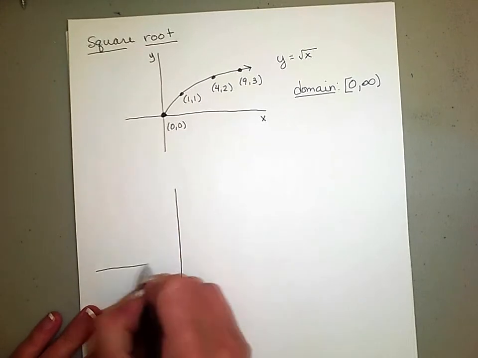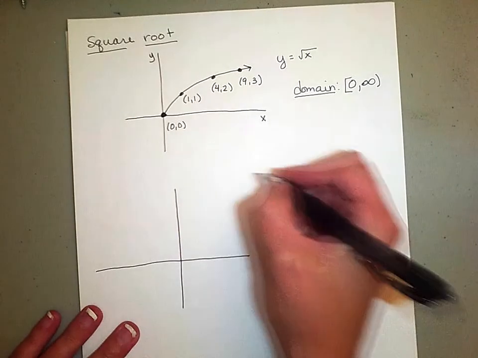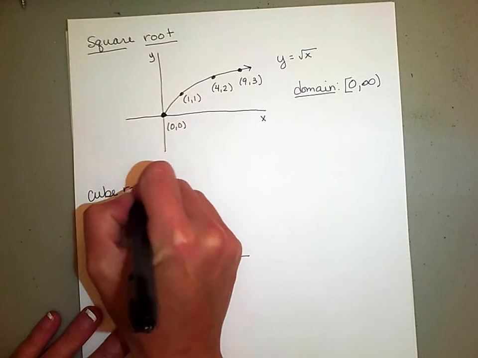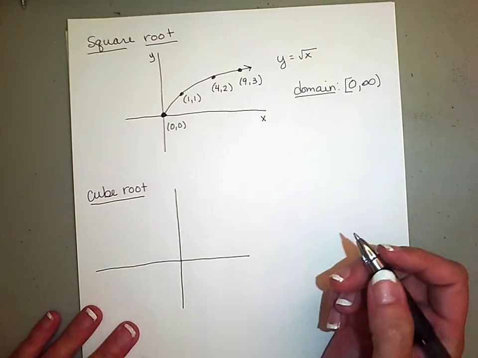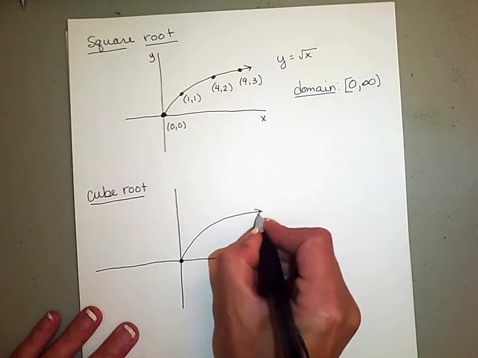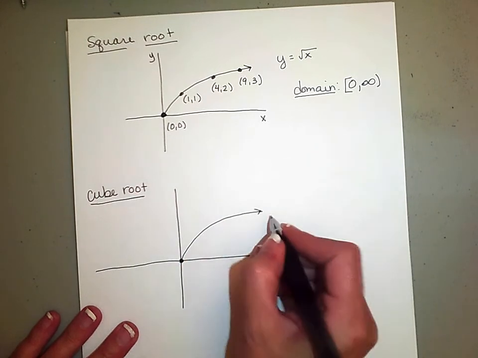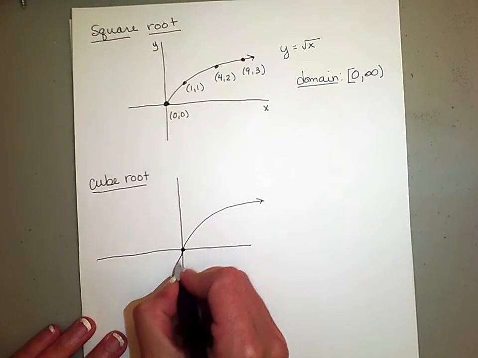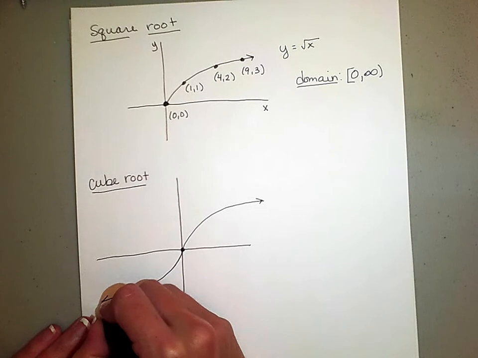Another graph we should know is the cube root. Its graph looks like this. Again, we have the positive arch, but we'll also get the negative arch.